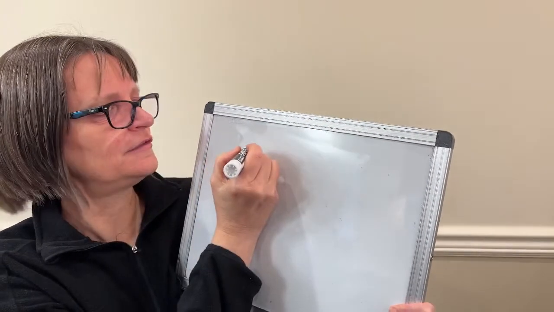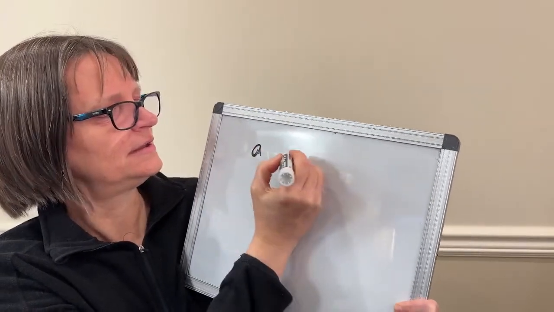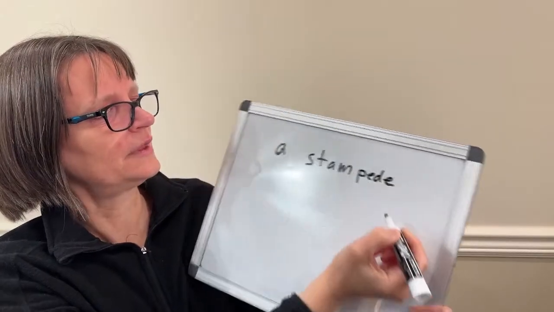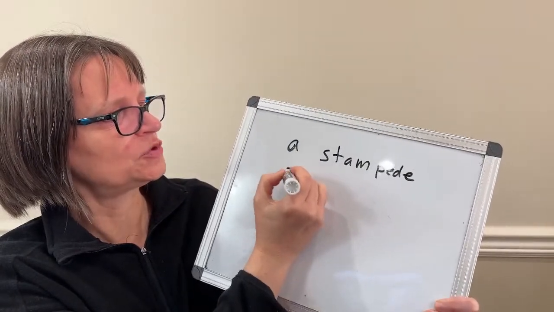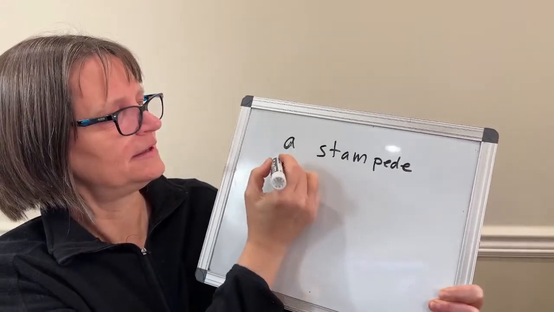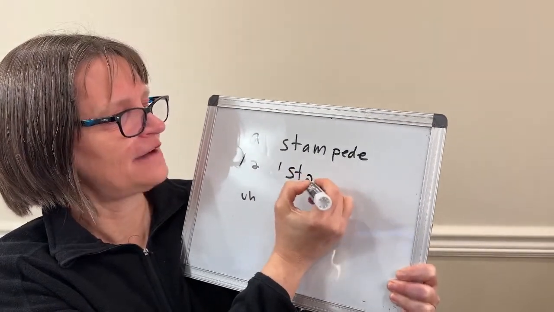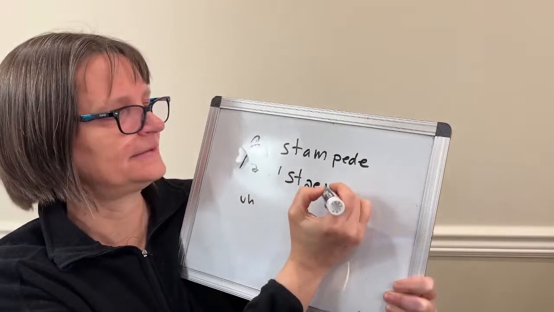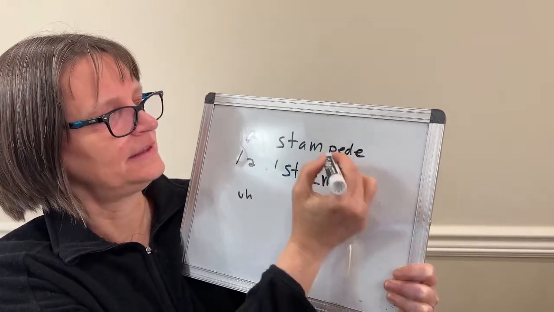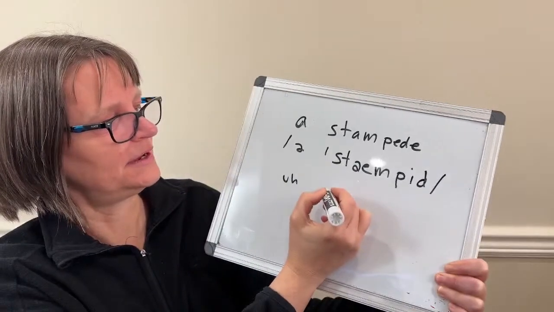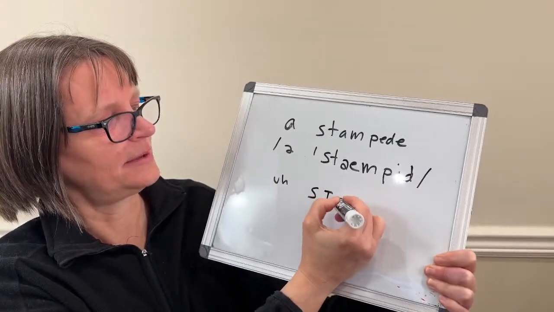Great. Okay, we have a question about the phrase a stampede. So the is a schwa, and then we have the stress on stam of stampede. We have our a vowel there, letter A says a like cat, and then the ede says the e sound, so it would be a stam.